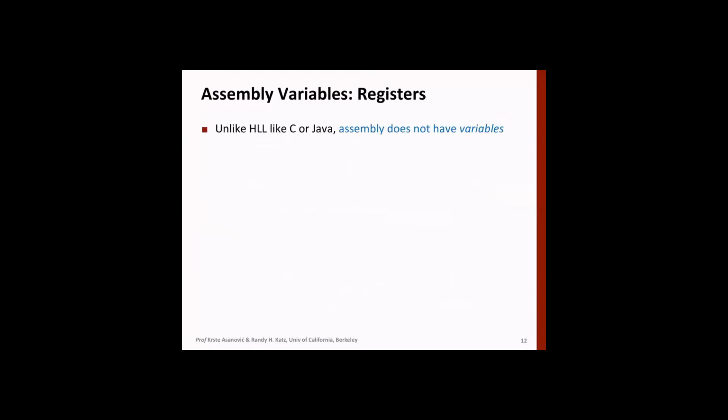In a high level language, like C or Java or whatever you use, we have something called variables, right? Without variables, you cannot do programming. Can you do programming without variables? It's very, very difficult, right? Because variables are those whose value changes during the execution of the program, and they have a certain lifetime.